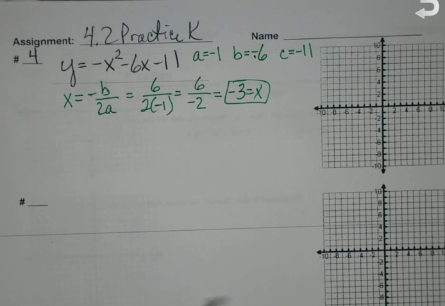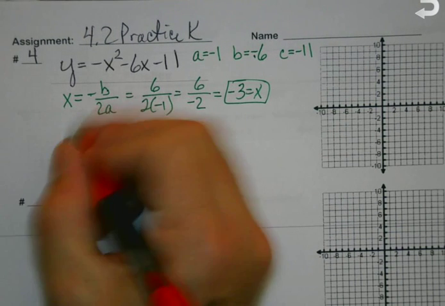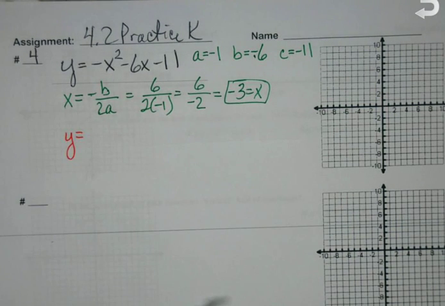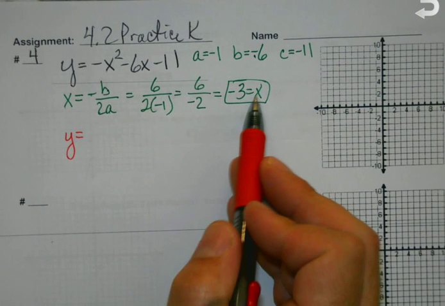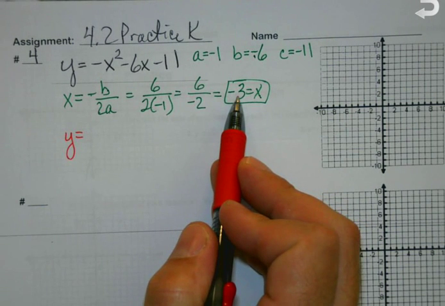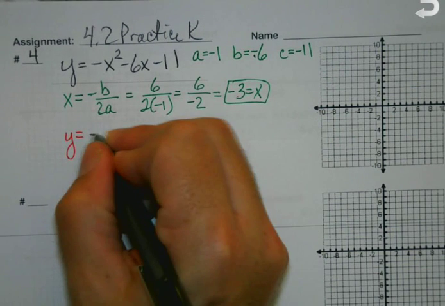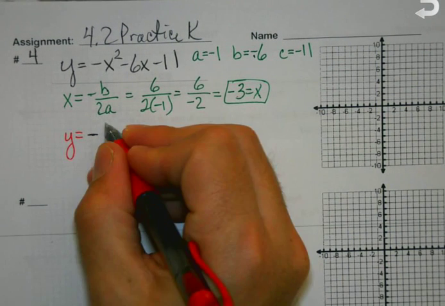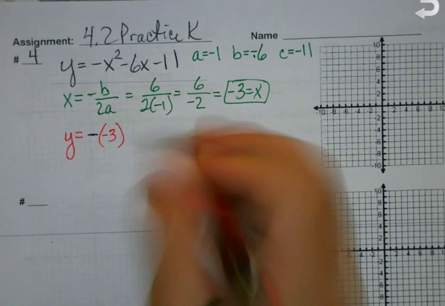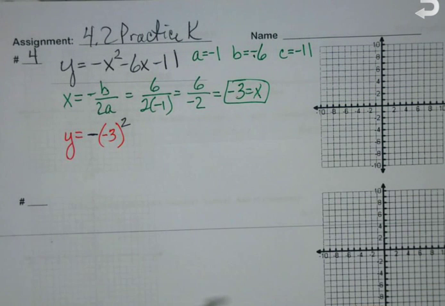To get y, I'm going to take this expression, and every time I see an x, I'm going to plug in a negative 3. Now here's the kicker. There's a negative here already. Okay, leave that there, and then our negative 3 gets substituted in for the x. It doesn't cancel out the negative.